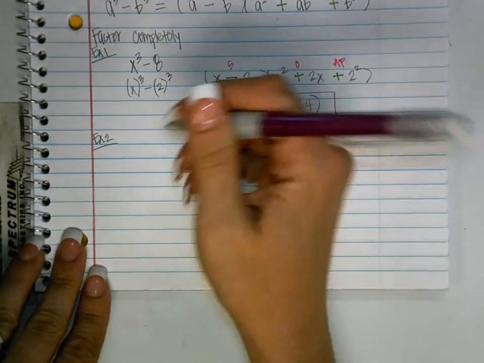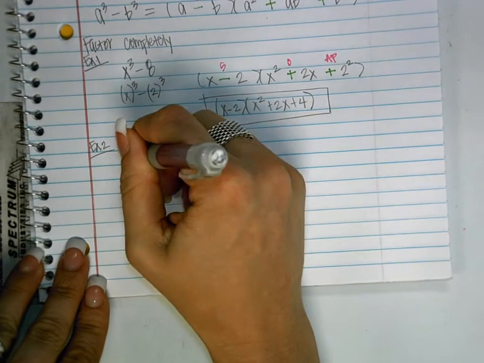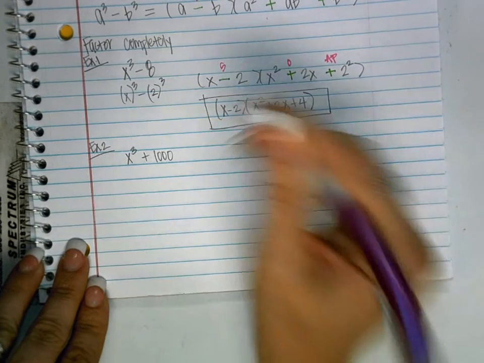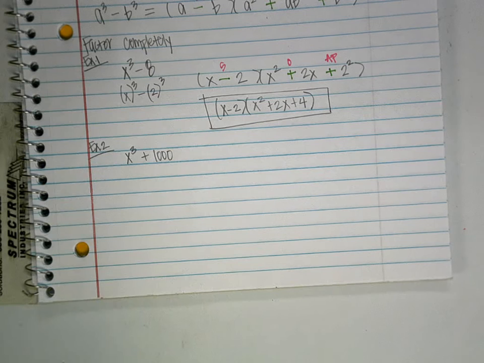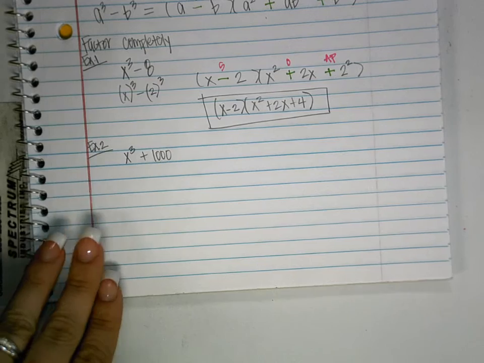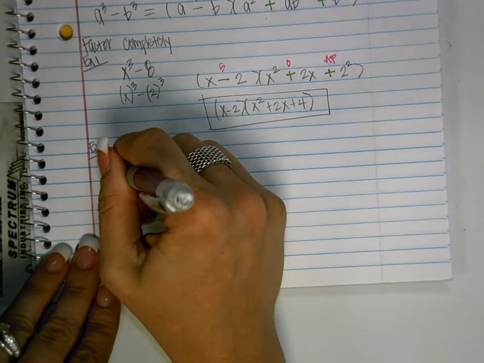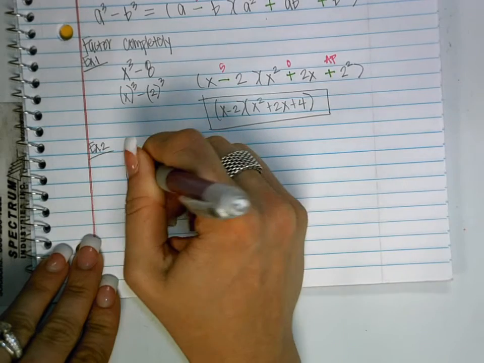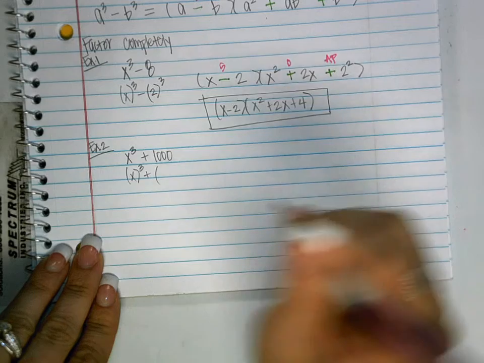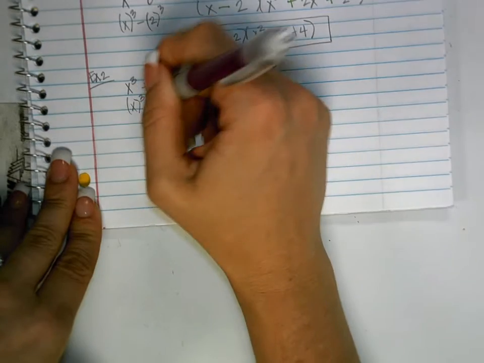Try another one. How about x cubed plus 1,000? Again, first thing you want to do is identify what's being cubed. So here the x is being cubed, plus what cubed gives you 1,000? 10.